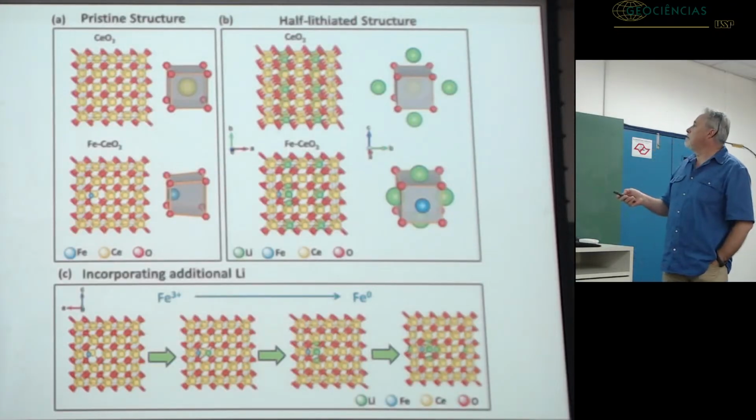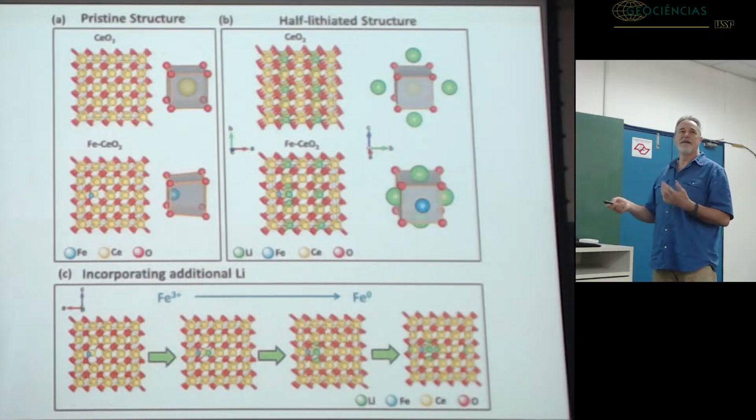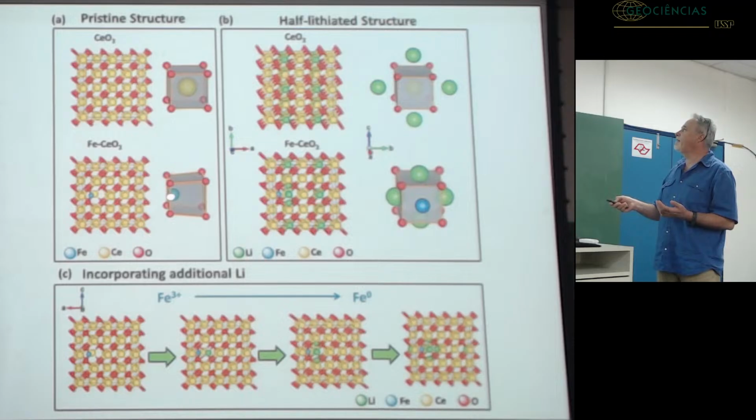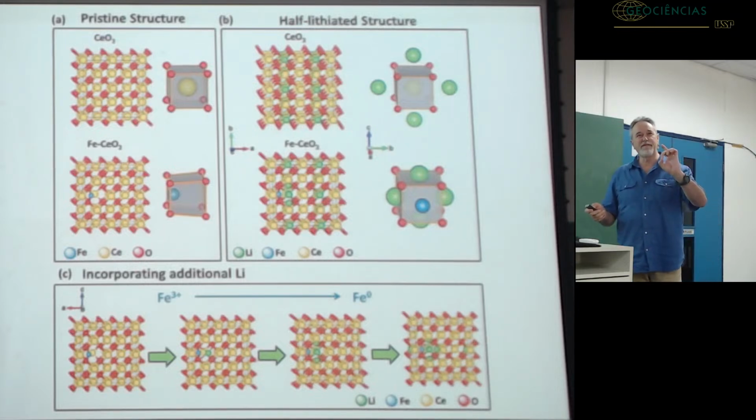We also made theoretical calculations of the structure to see whether the calculations are also compatible with iron staying at the face of the cube instead of the center. Yes, they are compatible. What if lithium also, instead of going to the center of the cube, goes to the face of the cube?